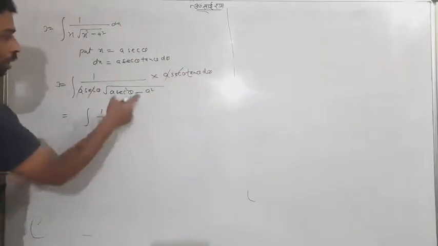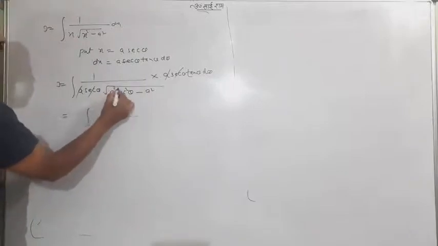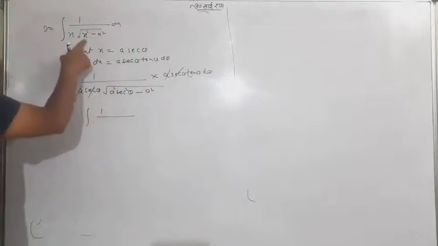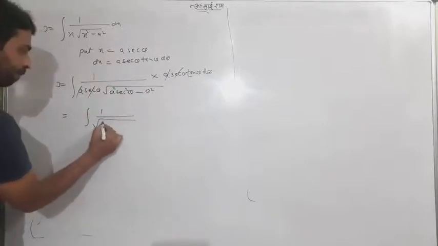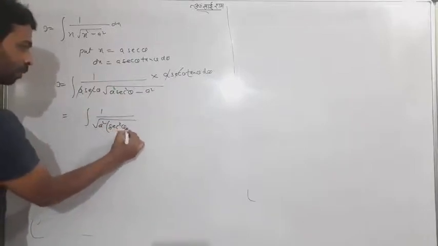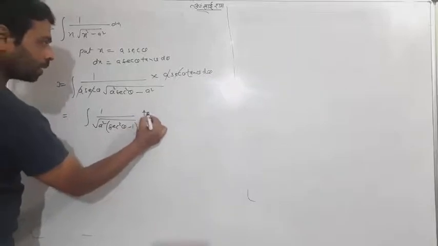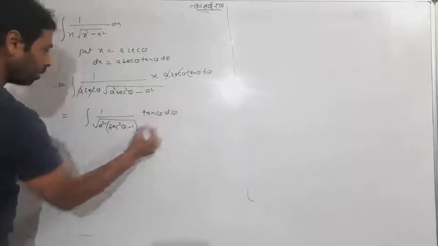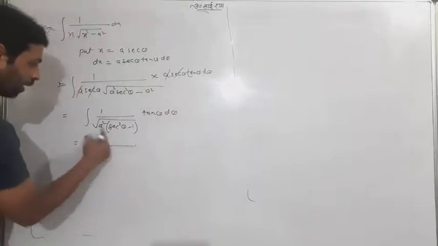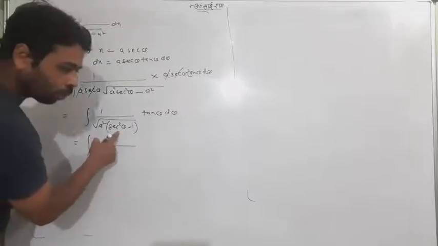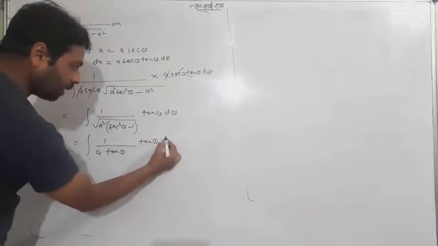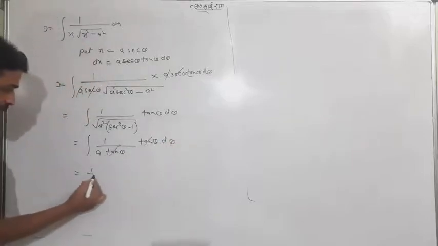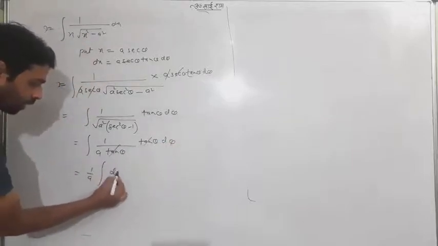It was 1 upon a square because x square; so a square sec square theta, a square taken out common, so remaining is sec square theta minus 1 under the root, and it is tan theta d theta. Definitely sec square theta minus 1 equals tan square theta, so the root will be tan theta, and again tan theta d theta, tan and tan cancel.